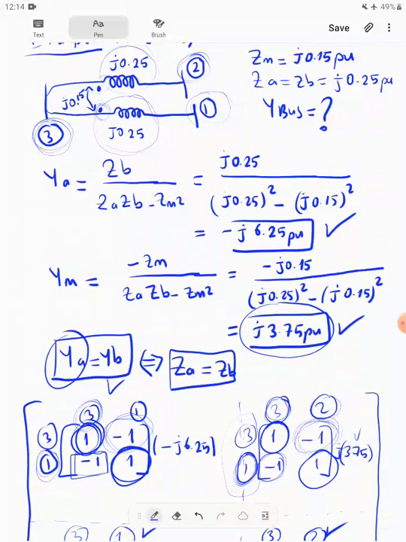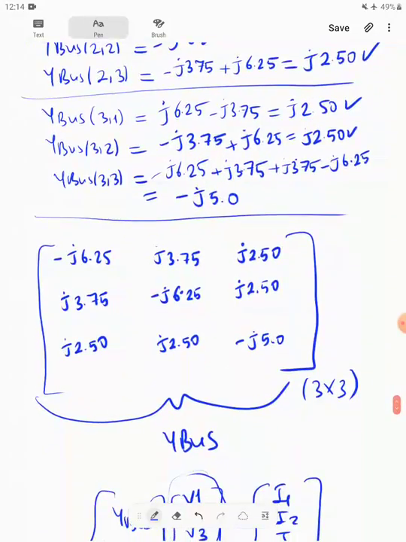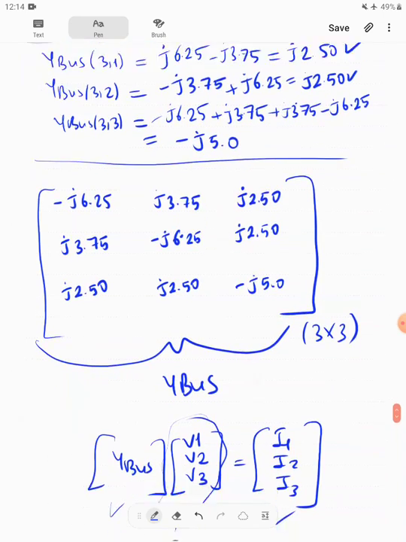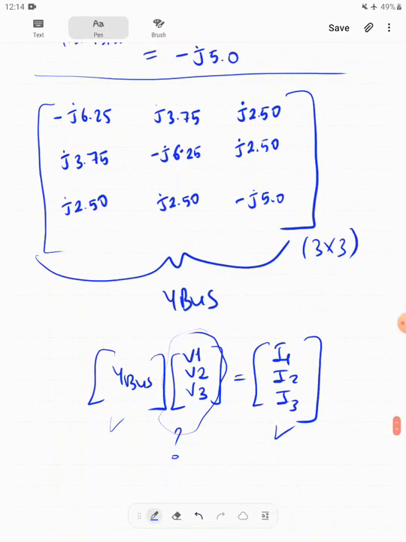After the addition of mutual effect, the size of the Ybus doesn't change. So the size of the Ybus is only changed by adding or removing any bus. This is very important. So the mutual effect does not affect the size of the Ybus.